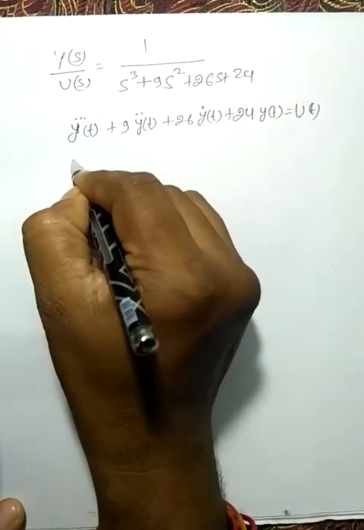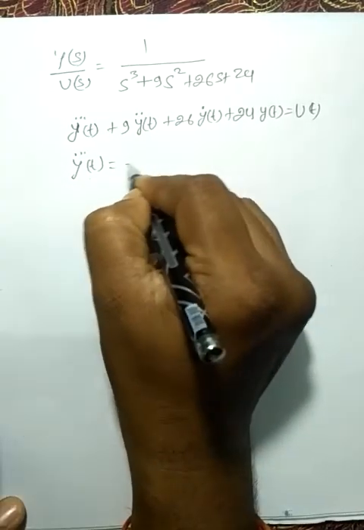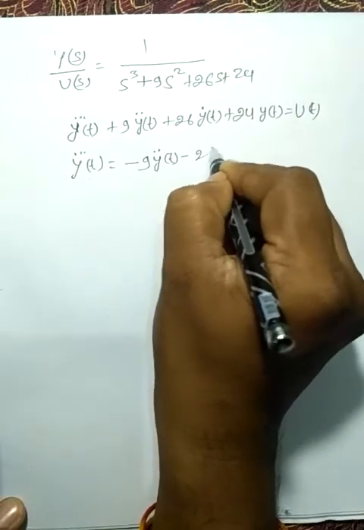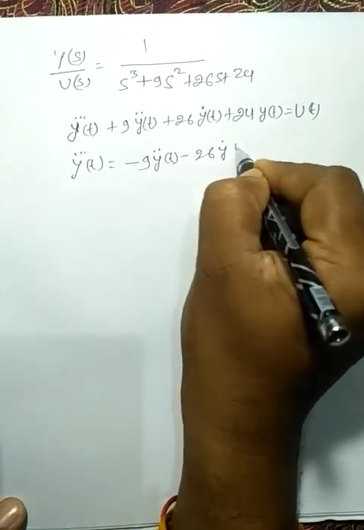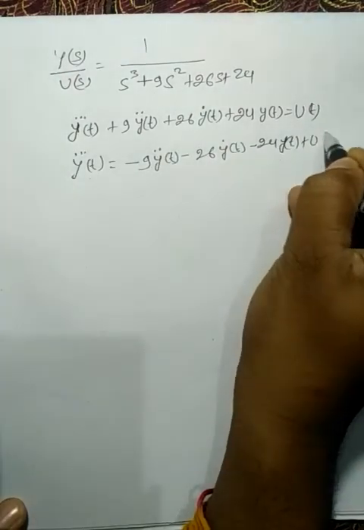Or y triple dot t is equal to minus 9y double dot t minus 26y dot t minus 24y(t) plus u(t).